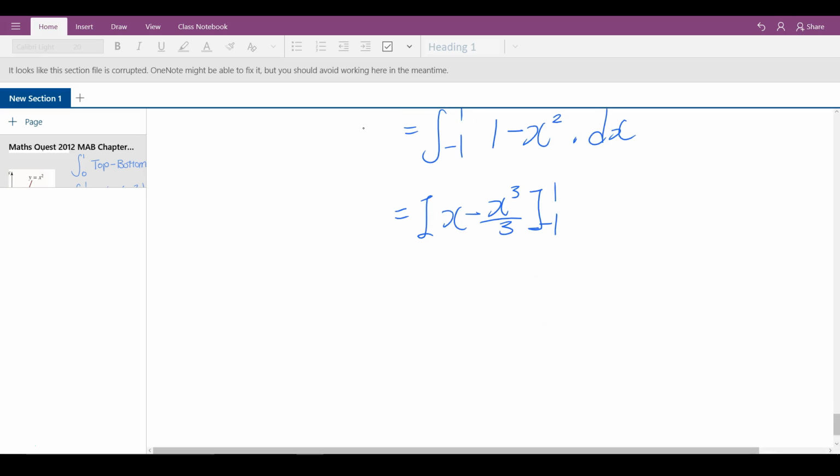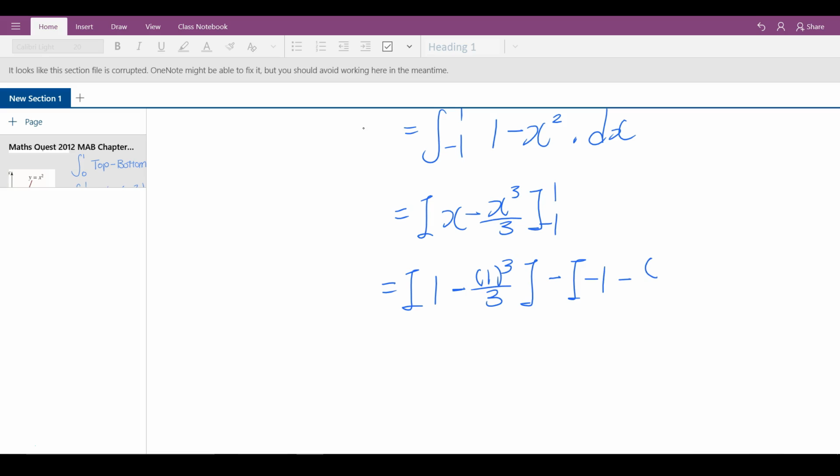Let's put the values in. It becomes 1 minus 1 cubed over 3, which is 1 over 3, minus -1 minus -1 cubed over 3. -1 cubed is -1, and the negative becomes positive.